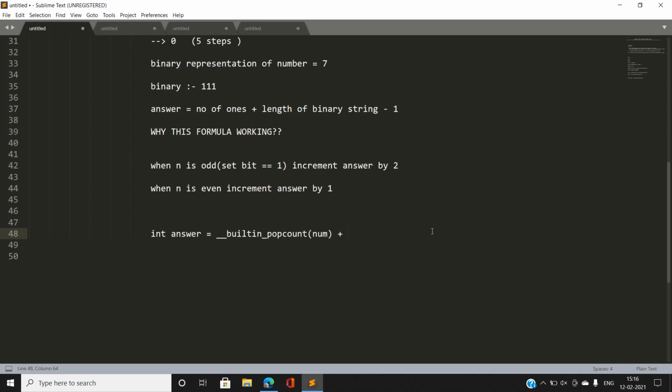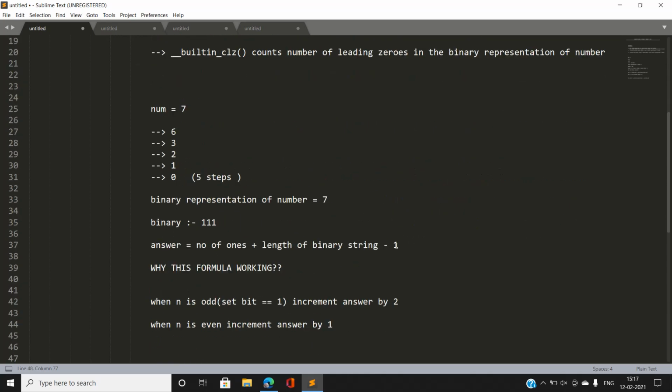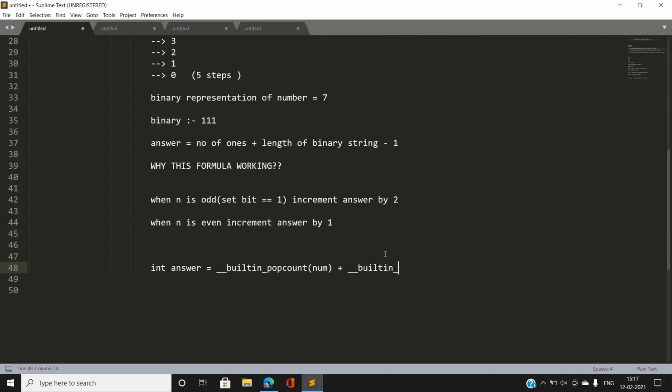plus I am going to write another function, that is, built-in CLZ. Do not get confused, __builtin_clz of that number. What this is going to give us is the leading zeros in the binary representation of the number.